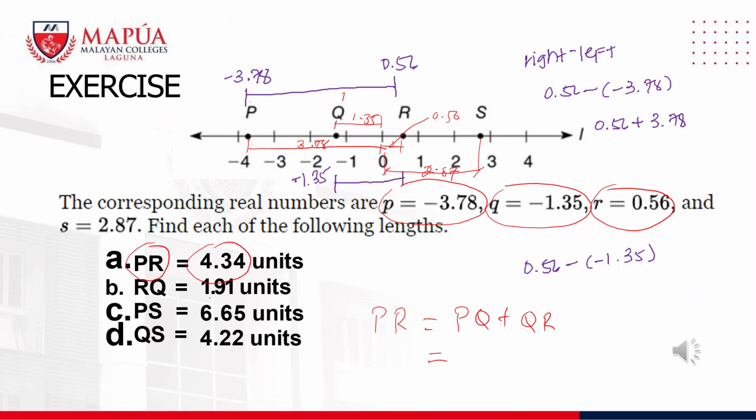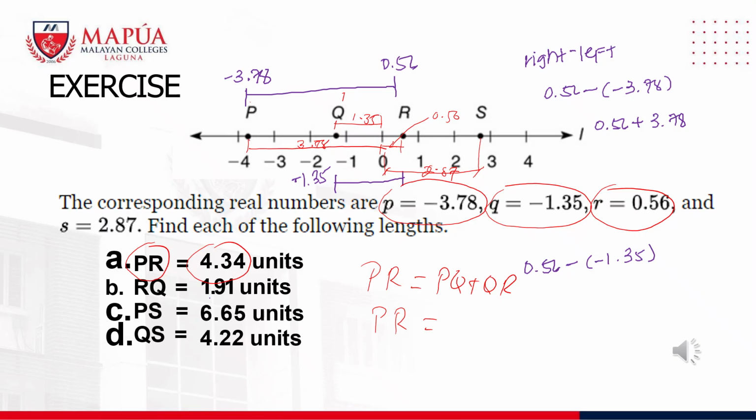4.34 units. So ganito yan, class. We have PR in terms of big letters, equal to PQ plus QR. But in terms of the small numbers, small p, small q, small r, small s, I will rewrite it in this manner. PR equals PQ plus QR. What is PQ equal to?